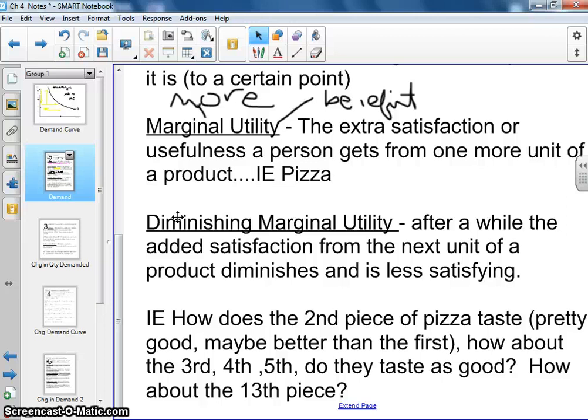So I look at it and say, well, one air freshener for $1, that's a good deal. Maybe it really stinks and I decide that I've got to buy 2. But at some point in time, that extra usefulness out of that air freshener diminishes. It doesn't matter whether they're $1 a piece. I'm going to stop purchasing them. I'm going to say that dollar can be better spent somewhere else.